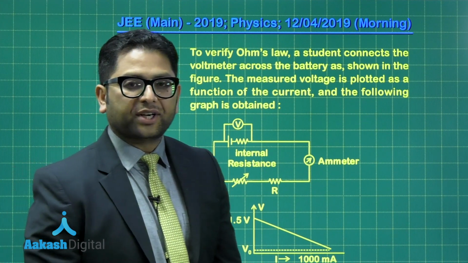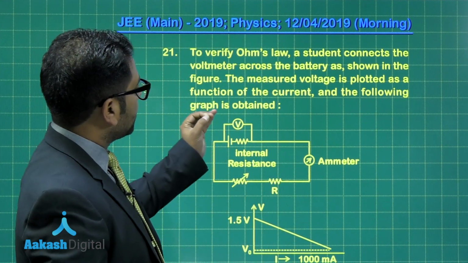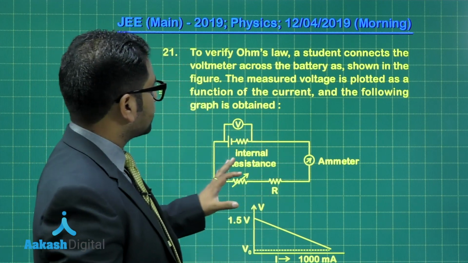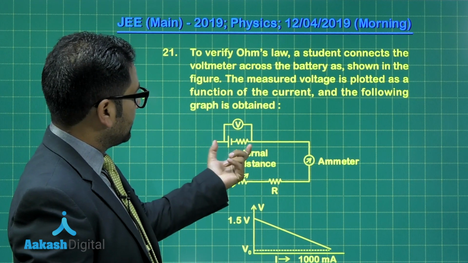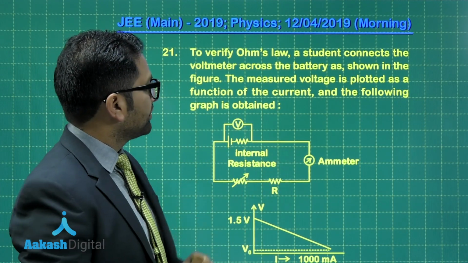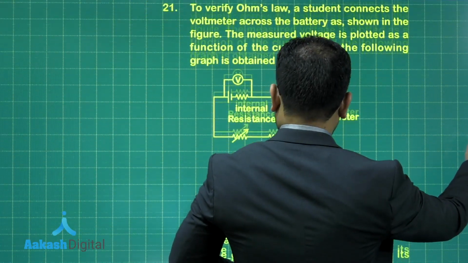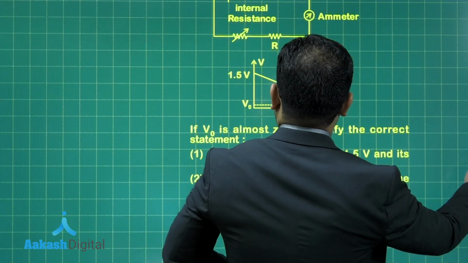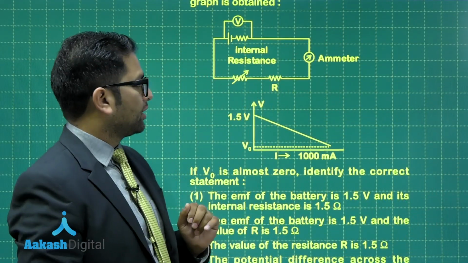Question number 21. The 21st question is here. To verify Ohm's law, a student connects the voltmeter across a cell having a certain EMF and internal resistance. There's an ammeter. And on the basis of this, a graph of reading of voltmeter versus I has been plotted.